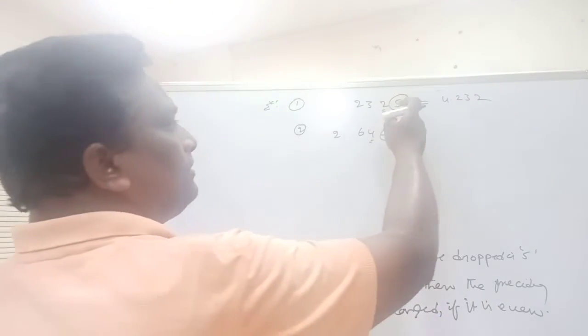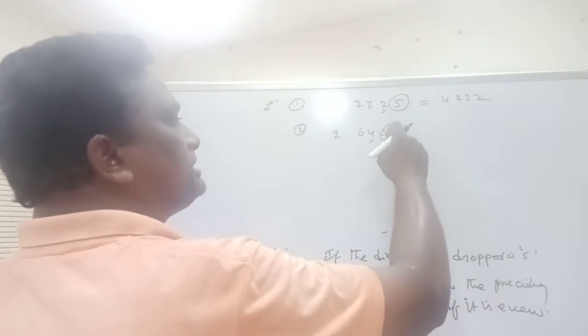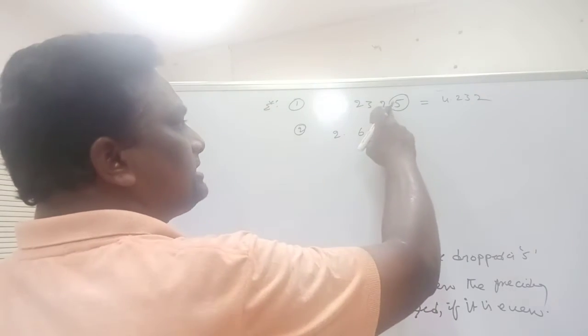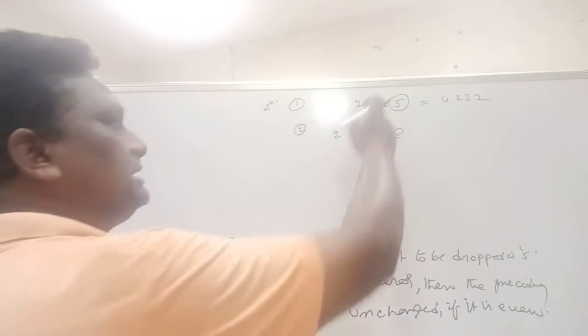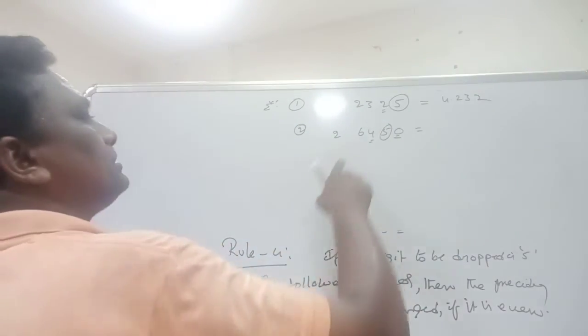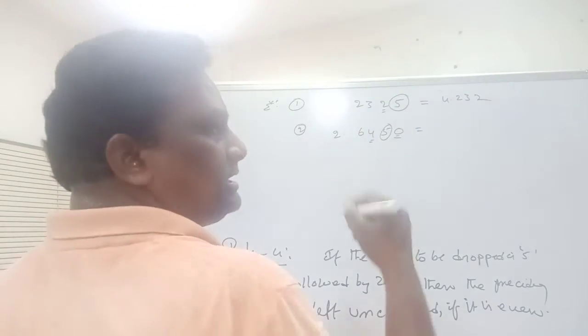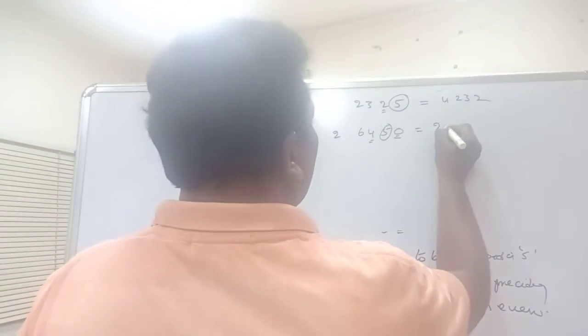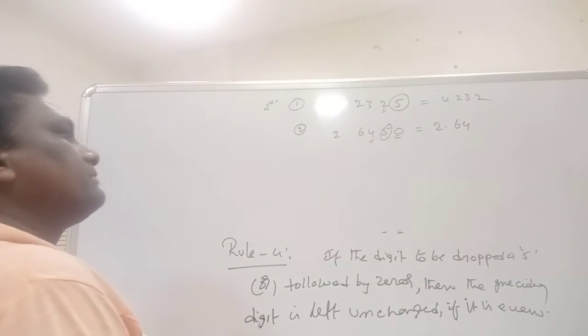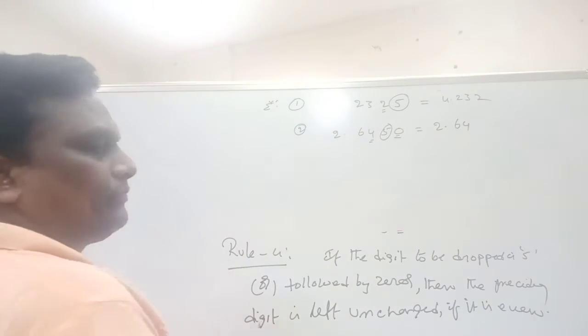So here also 5 is followed by zeros, then the preceding digit is left unchanged if it is even. So this 4 is even number, so it is left unchanged. So answer is 2.64. So this is rule number 4.